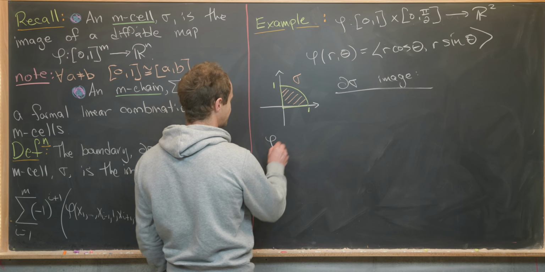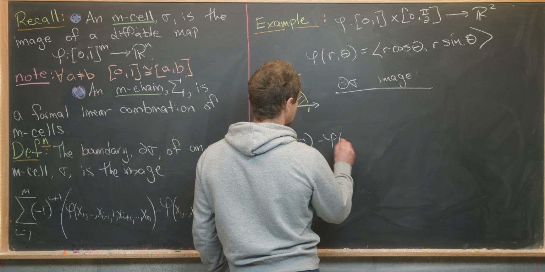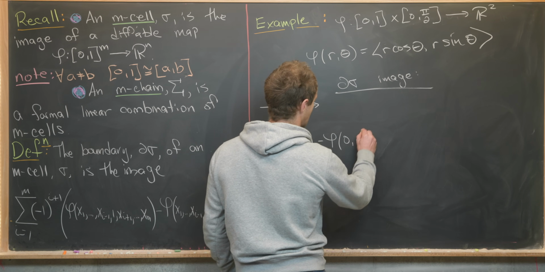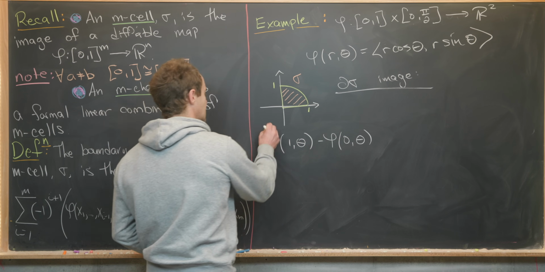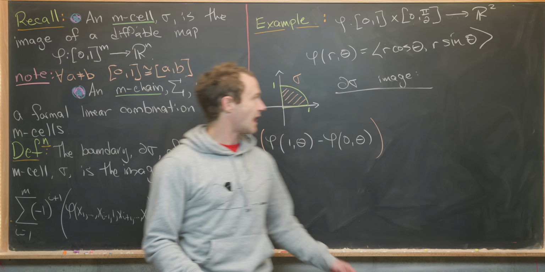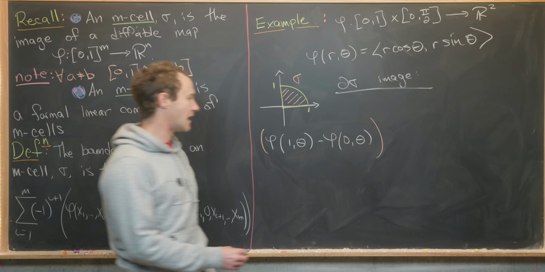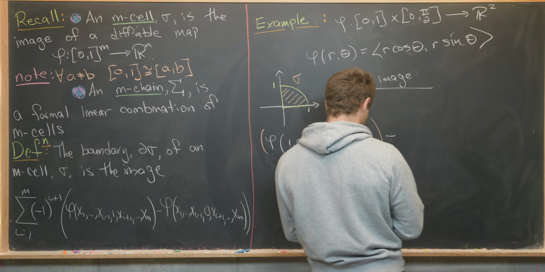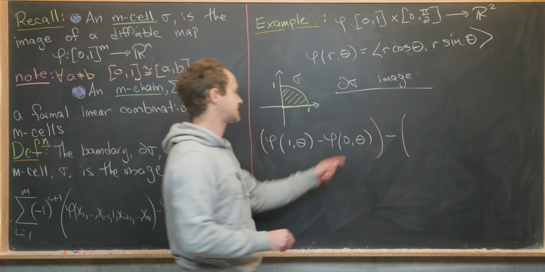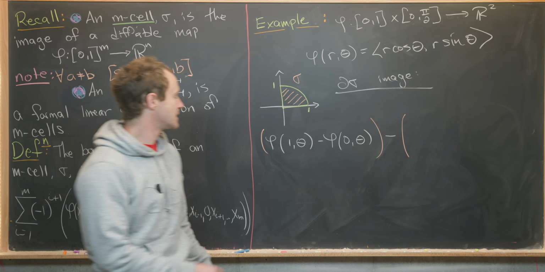So that'll give us phi evaluated at (1, theta) minus phi evaluated at (0, theta). Again, that's because theta is our second variable and our first variable goes from 0 to 1. Now from that, we need to subtract. And it's subtraction because we have this alternating sum right here.